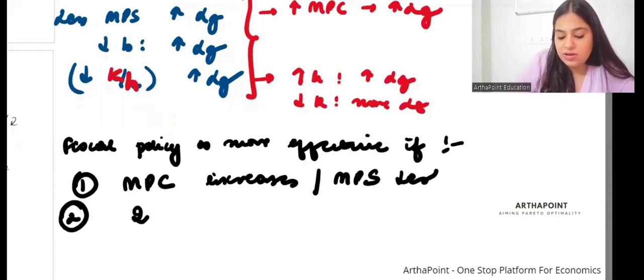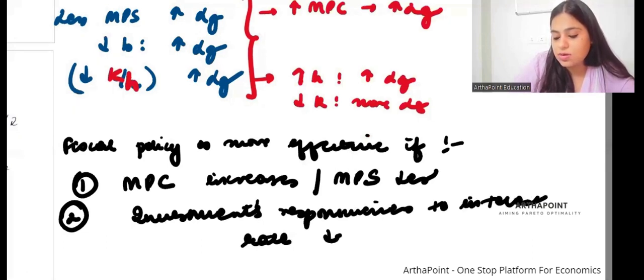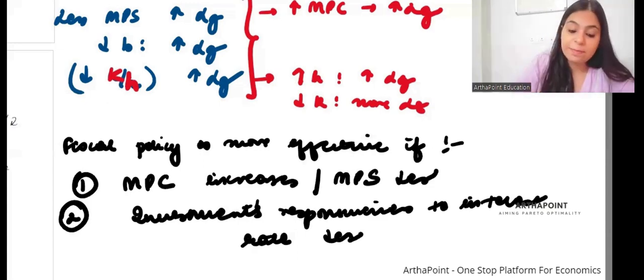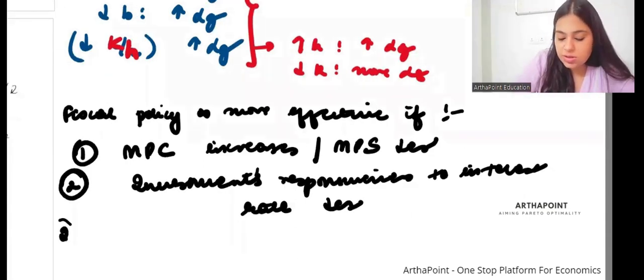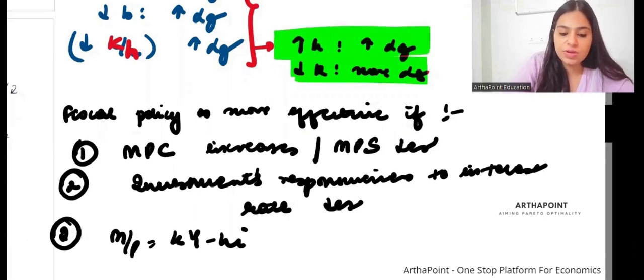Second, investment's responsiveness to interest rate decreases. B is lower. Third, so your M by P was KY minus HI, na? And I want either lower K or higher H.